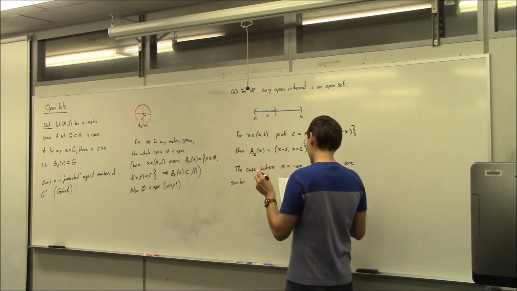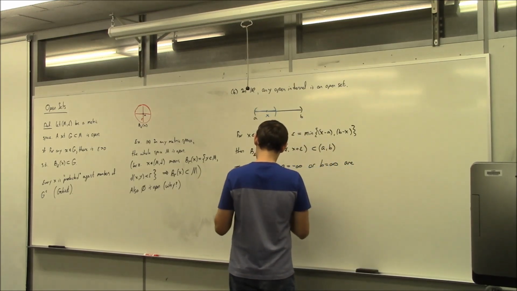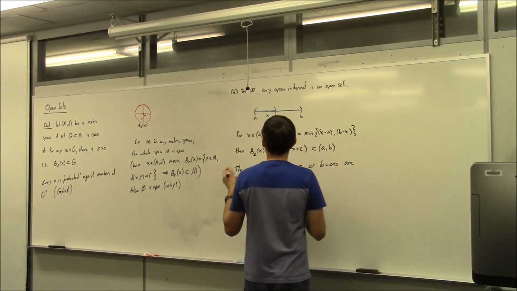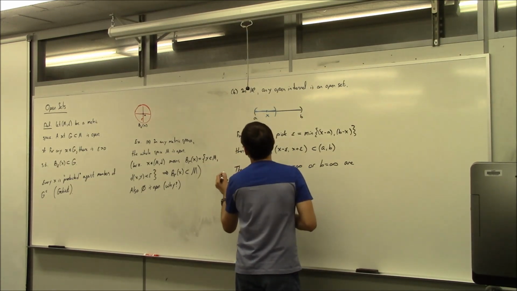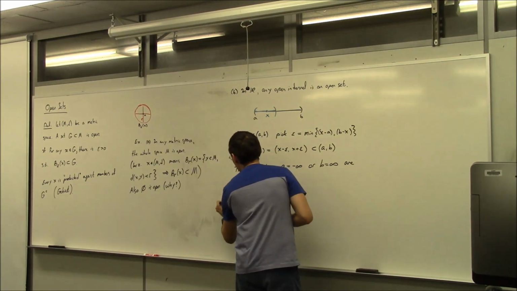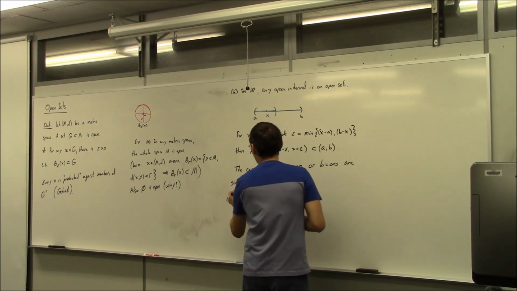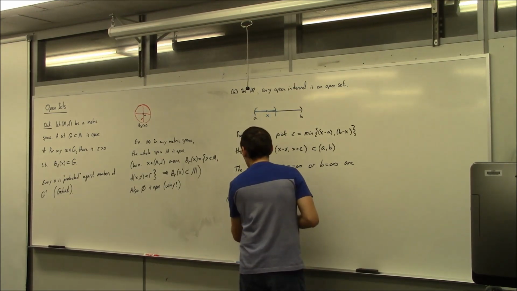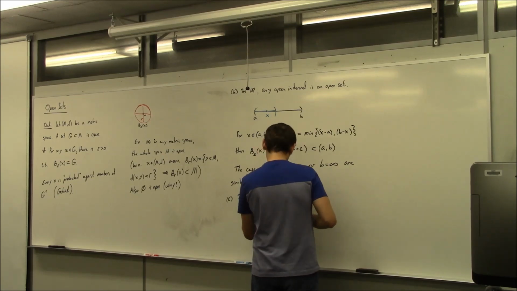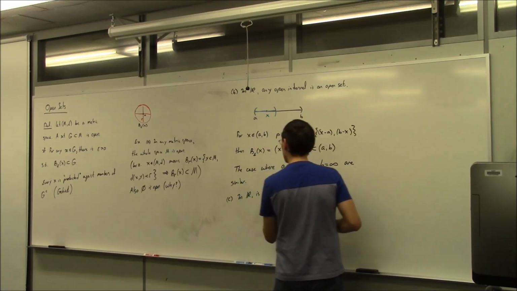So C. Well, so if we mentioned it, what about example C? In R, is the closed interval [0, 1] open?